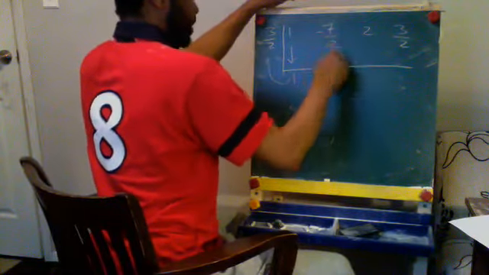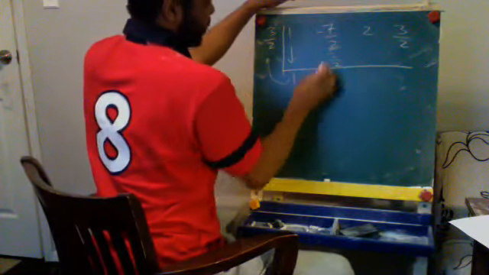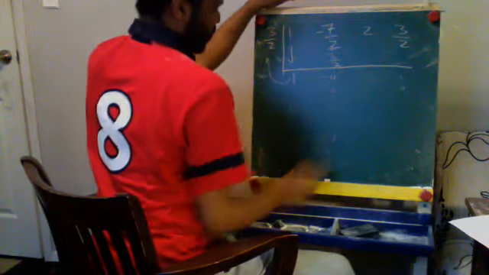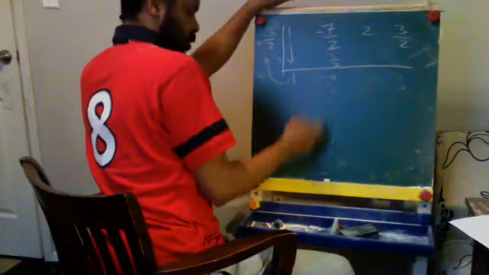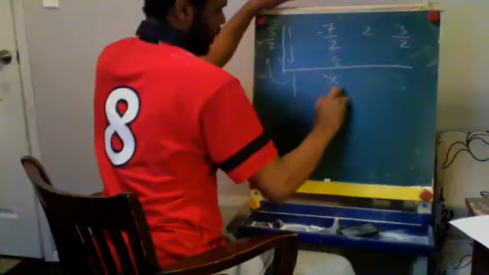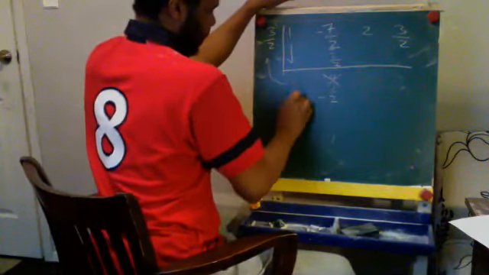And I'm adding these. When you add fractions, I add the numerators. Minus 7 plus 3 is going to be minus 4 over 2. But I know that minus 4 over 2 is just the same as negative 2. So this is just negative 2.